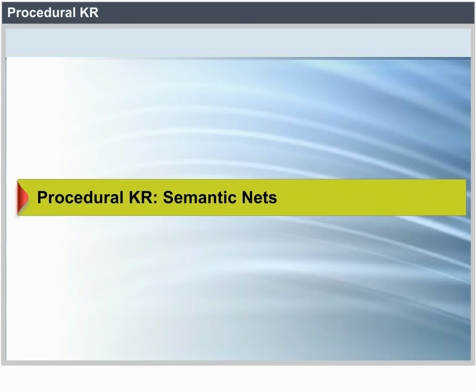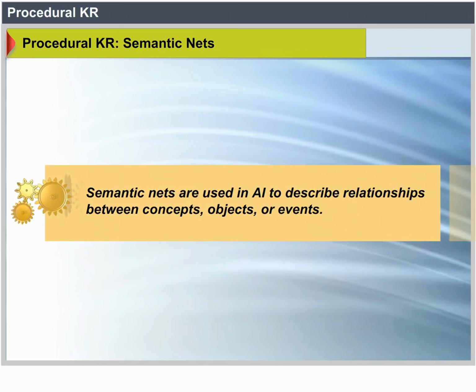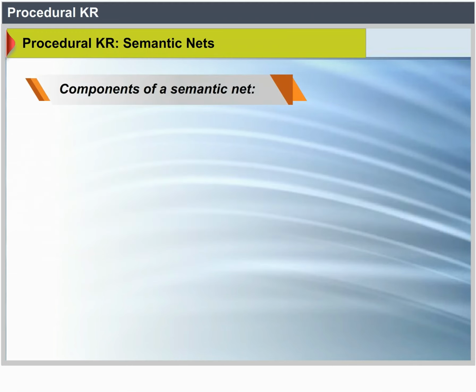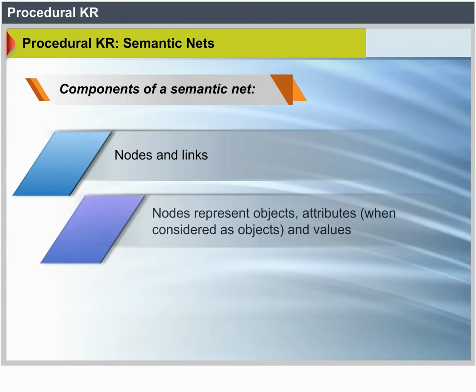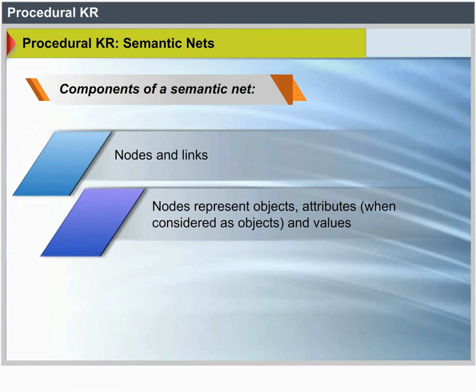Procedural KR: semantic nets. Semantic nets are used in AI to describe relationships between concepts, objects, or events. Components of a semantic net: nodes and links. Nodes represent objects, attributes when considered as objects, and values.